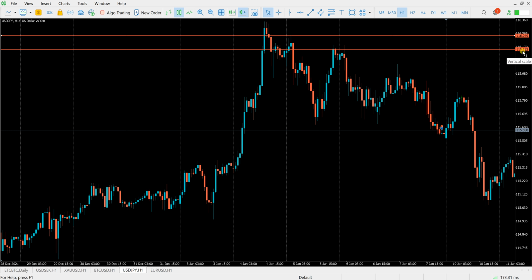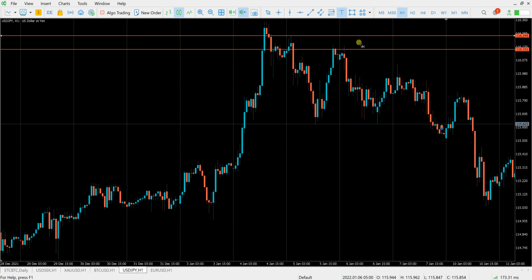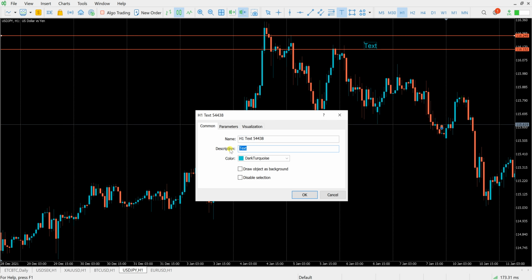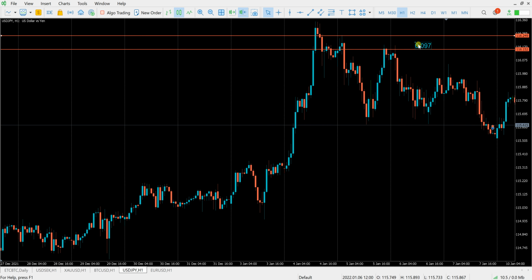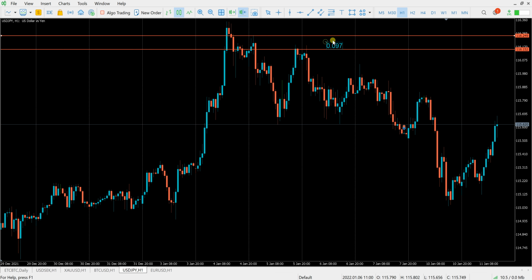So the difference between this and this will give us something, and by calculation the difference is going to give you 0.097. That is what it will be, and this 0.097 simply means that price has moved 9 pips 7 pipettes. That is the difference in pips.